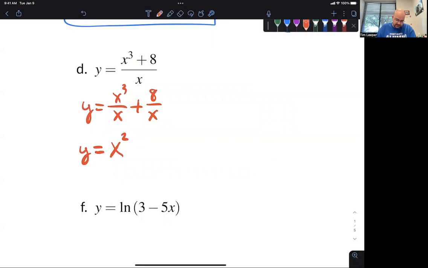And then 8 divided by x is the same thing as 8 times x to the negative 1 power, because I want it to go to the numerator here. And at this point, I can go ahead and just use the power rule.